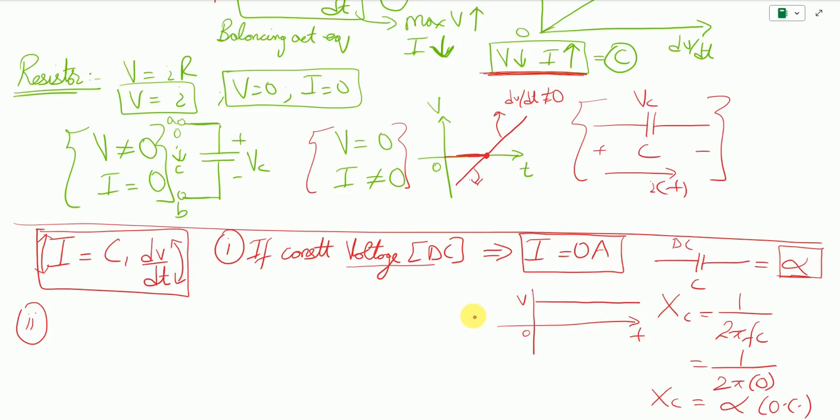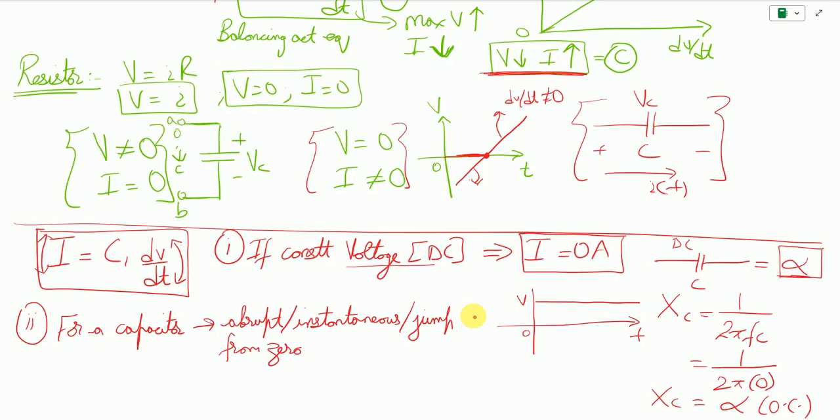So let us say we have a voltage for a capacitor. As we saw with inductors, an abrupt voltage change, or instantaneous voltage change, or a jump from 0, is not allowed, or we need to avoid this condition.